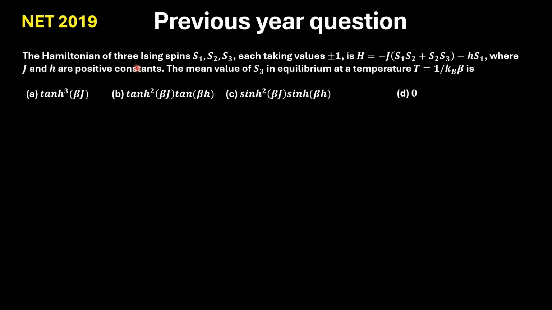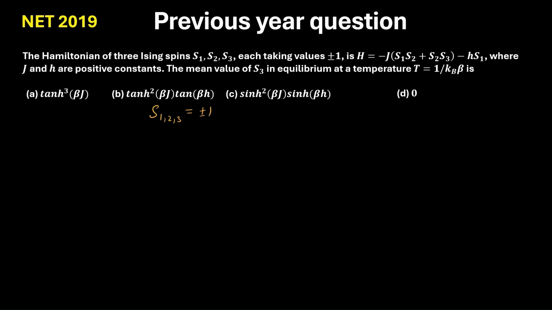In this question, we are given 3 Ising spins, and here we have the energy expression, and we have to find the mean value of S3. Now, S1, S2, S3 can take plus minus 1.